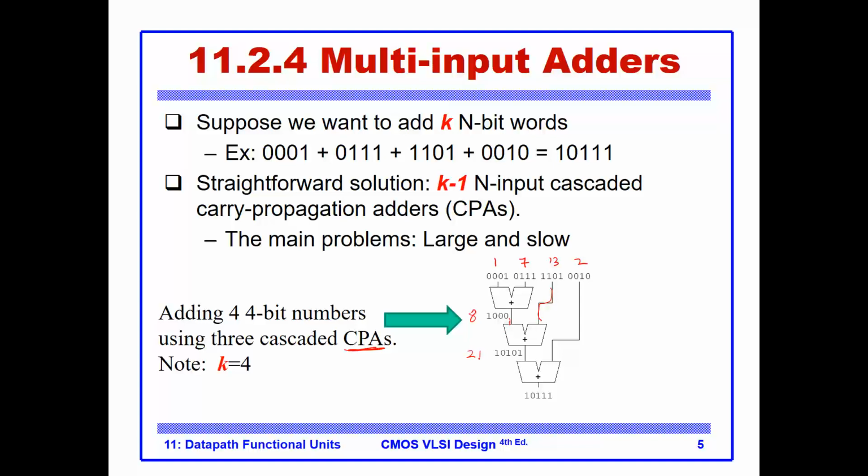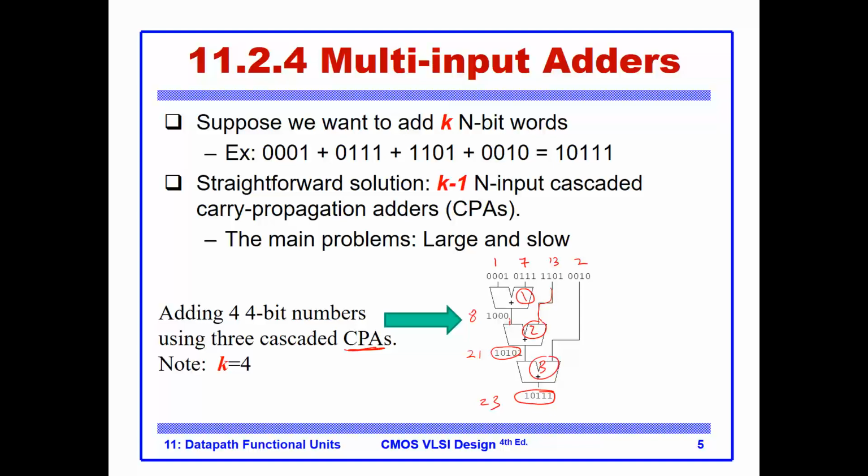Then we add that sum with the fourth number, which gives 23. So this method requires one, two, three carry propagate adders.